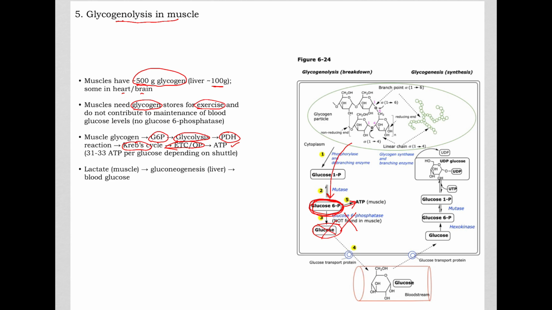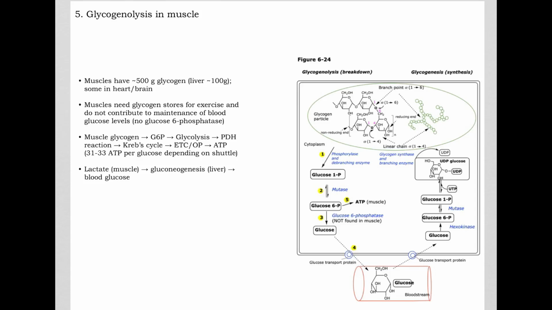Because muscle glycogen is giving you glucose 6-phosphate, you get an extra ATP. So instead of 30 to 32, you get 31 to 33, depending on the shuttle used, because we are not using one ATP for the first reaction of glycolysis, where glucose is converted to glucose 6-phosphate.